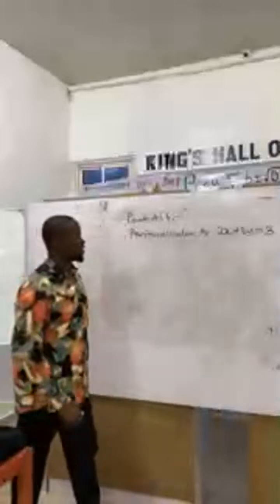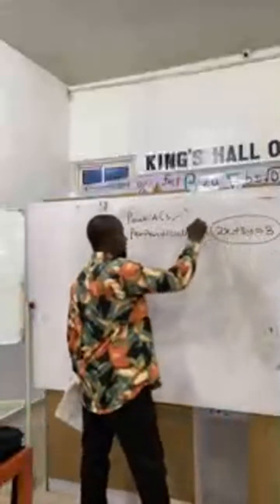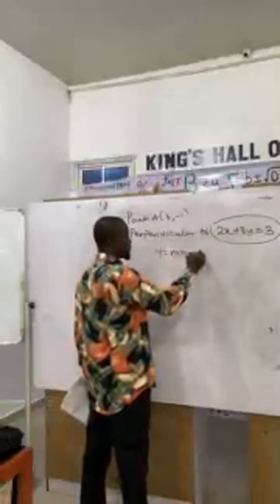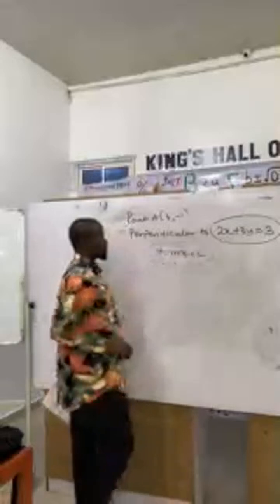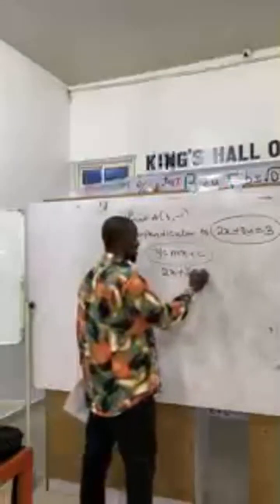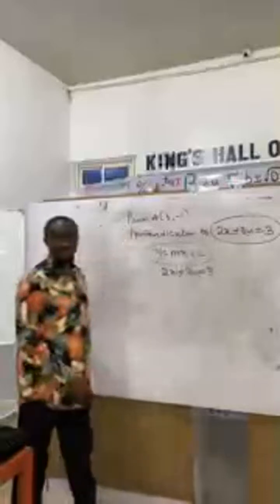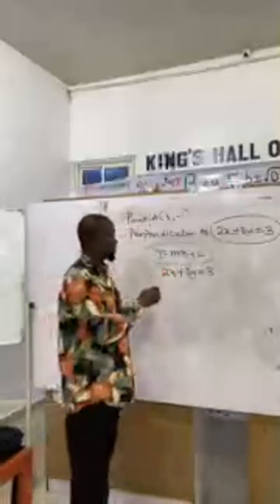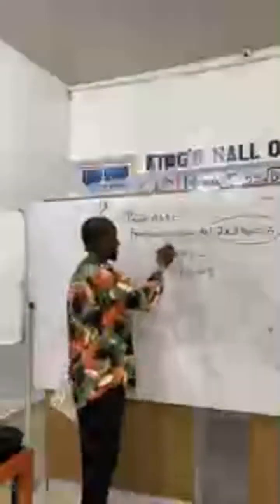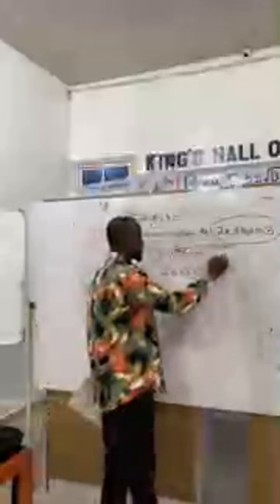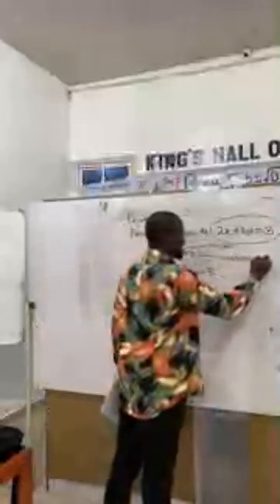So let's present this equation in a linear form of equation. You know, the linear form of equation is y equals mx plus c. So they gave us this equation: 2x plus 3y equals 3. If you present this question like this, this place stands for the slope, and this constant place stands for the intercept.